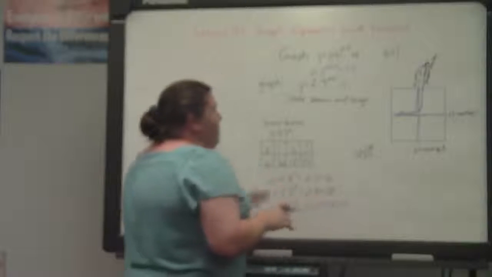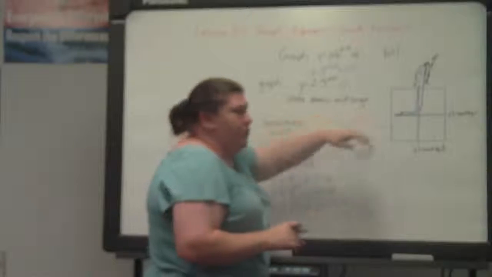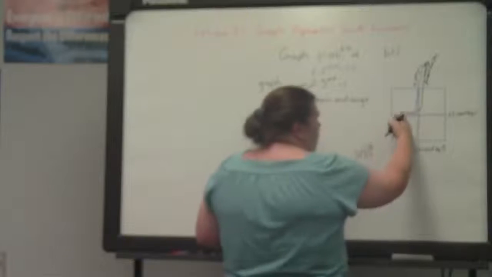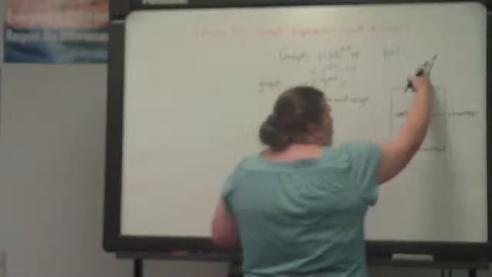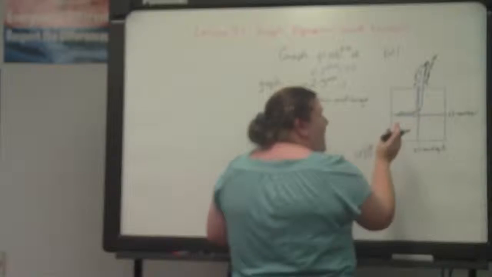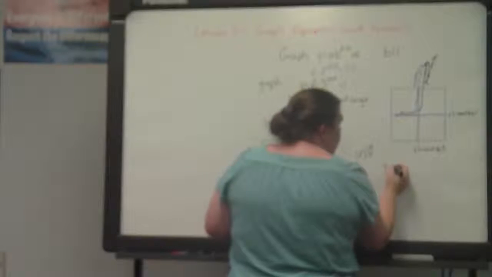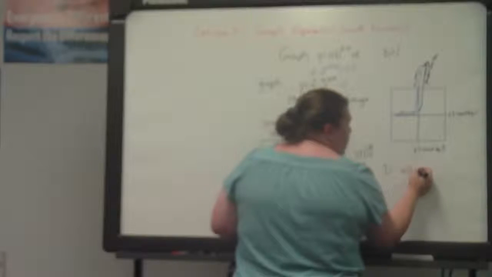Now what we have to do is look at the domain and the range. The domain, as you can see, I have an arrow pointing to the left and an arrow that is going up. As it's going up, it's moving right. And so my domain would be all real numbers.